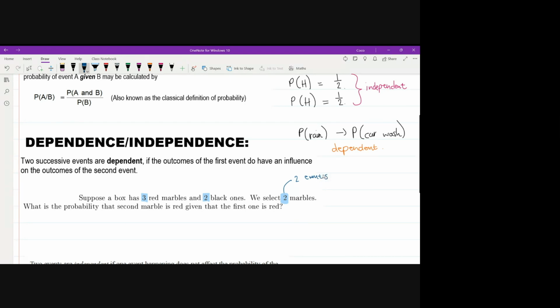First, we'll pull out a marble, and then we'll pull out another marble immediately after that. So let's talk about event number 1. What is the probability of me pulling out a red marble?